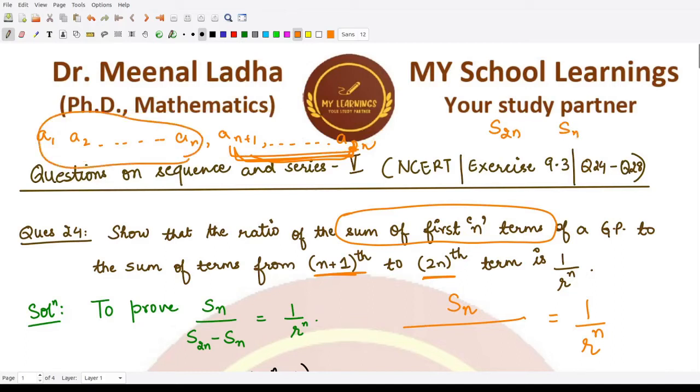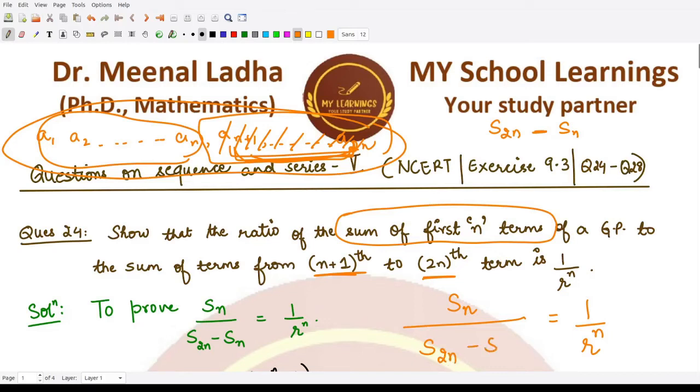So from all the terms, if you subtract the first n terms, you will be left with just the terms from n plus 1 to 2n, and this is what is required. You can write this as the sum up to 2n terms minus the sum up to n terms, correct? So we need to show this in this question.